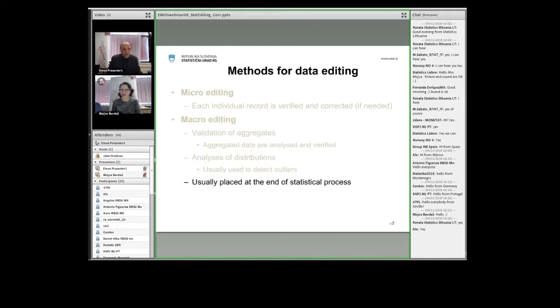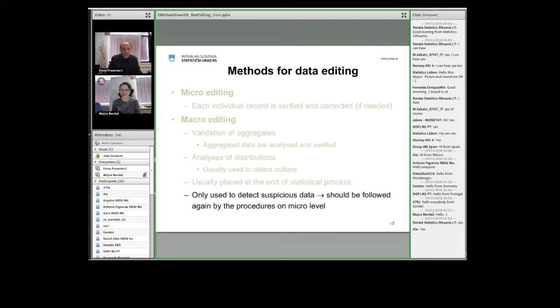Usually macro editing is placed at the end of the statistical process. So the classical flow goes like this: first you do micro editing, then after this you do macro editing, and if needed you go back to micro editing, because we have to stress one very important thing.